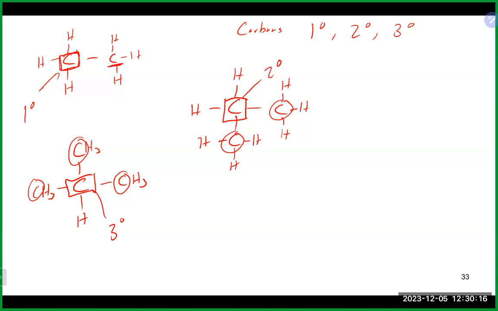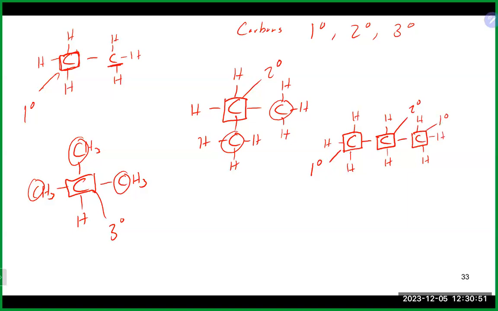So for example, when we get to something like propane here, which looks like this, and we look at the carbons here, this carbon right here is a primary carbon. This carbon right here in the middle is attached to 2 carbons, which is a secondary carbon. And this carbon at the end is attached to 1 carbon, which is a primary carbon.